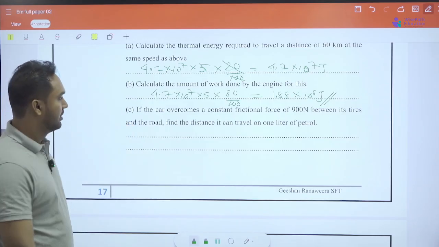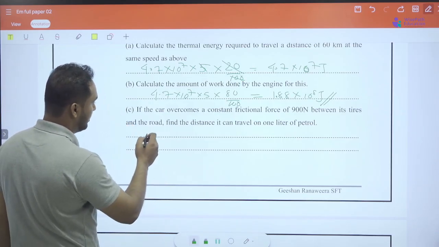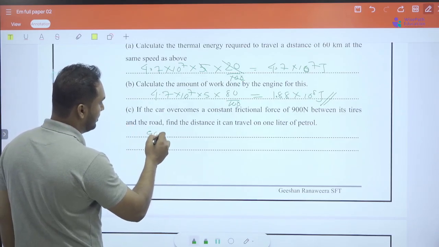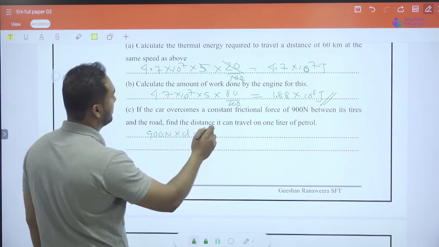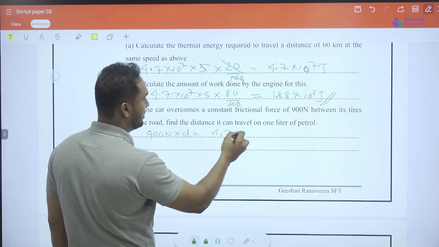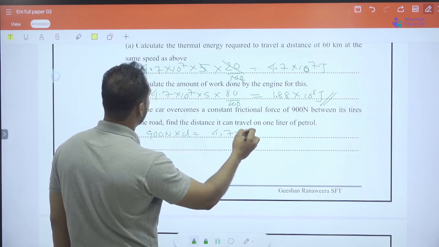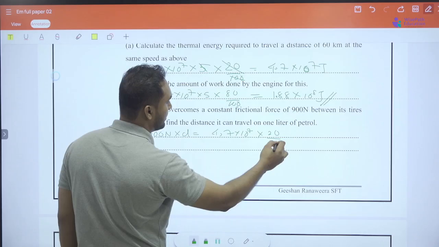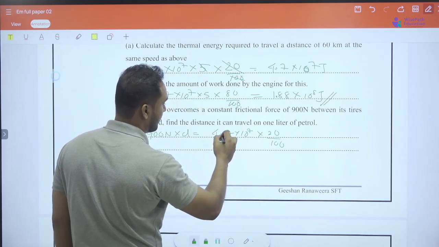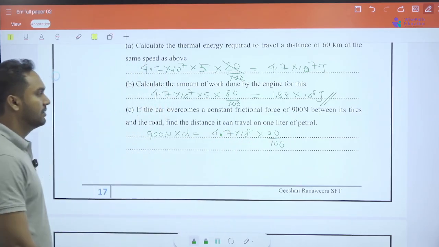20% of that. So F into D, 900 into D should equal to 4.7 into 10 to the power 7 and 20% of it, isn't it? Because the 20% is converted into heat.